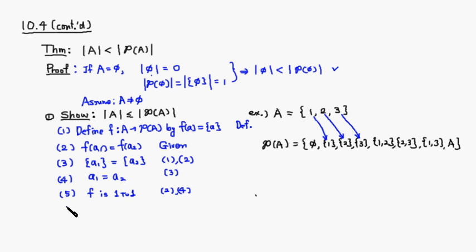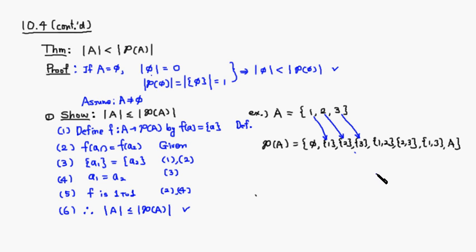So conclusion number 6: we could find a one-to-one function from A to its power set. We know that the cardinality of set A is less than or equal to the cardinality of the power set of A.